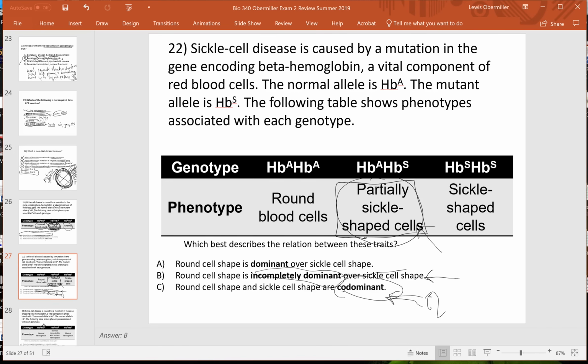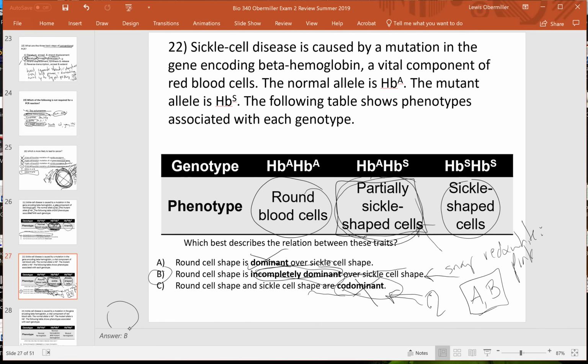Like in the blood group, we have A antigen on the surface and B antigen on the surface at the same time. So we would see both A and B. Because this is a blending of these two, right? Like we talked about with the snapdragons, where the red and the white equal pink. That is an incomplete dominant, not a codominant, and it's not dominant. So the answer is B.